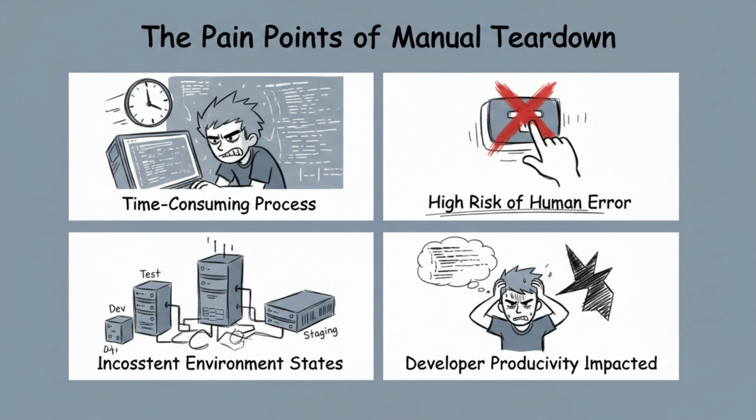A forgotten resource or a misconfigured deletion can lead to orphaned infrastructure or incomplete cleanups. The result? Inconsistent environment states across your development, testing, and staging landscapes, making debugging and replication a nightmare. Ultimately, this directly impacts developer productivity, as they spend valuable time managing infrastructure rather than building features. We need a better way.